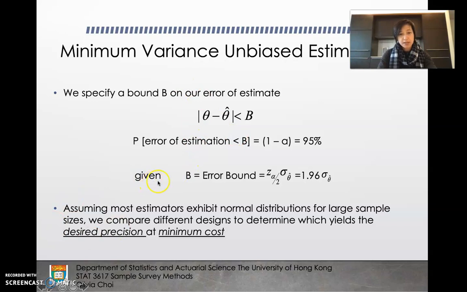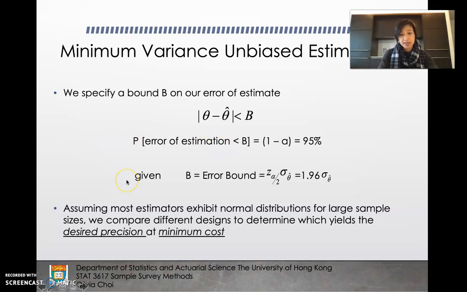Assuming that our estimate exhibits a normal distribution for large sample sizes, like a bell shape, we would say that we prefer to have the error of estimate less than our bound of error 95% of the time.